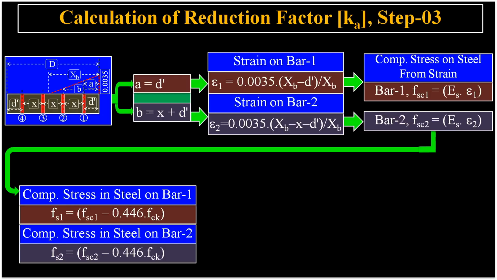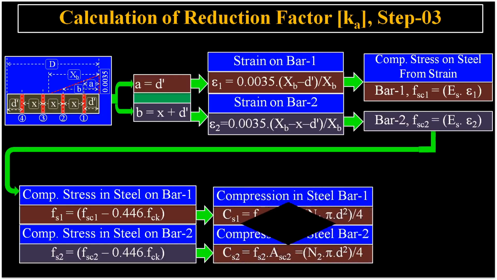Say, effective stress on bar 2 is Fs2. Therefore, Fs2 equals Fsc2 minus 0.446 multiplied by Fck. Here, 0.446 multiplied by Fck is the maximum stress that concrete can withstand safely, and remaining stress will be borne by the steel within this zone.